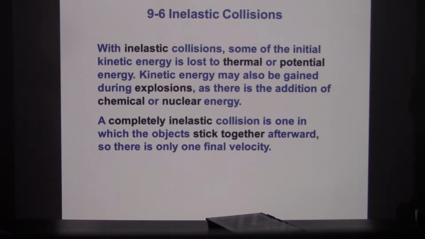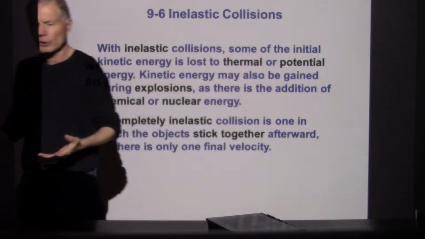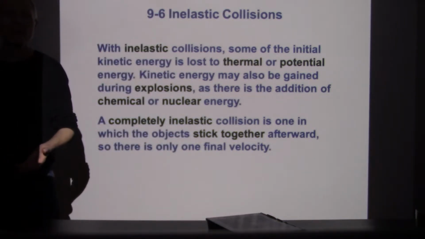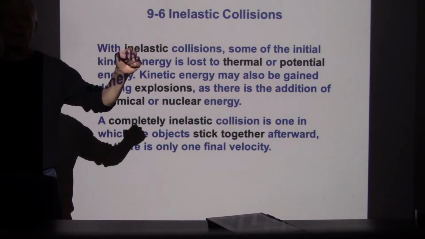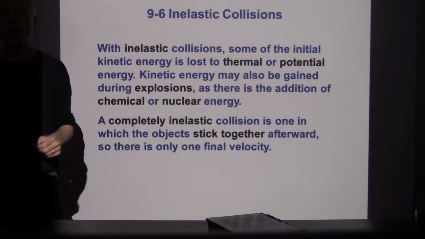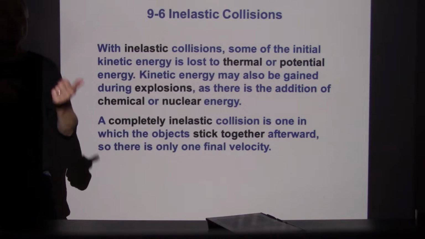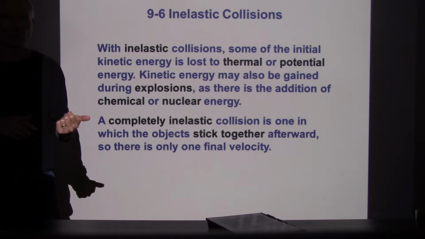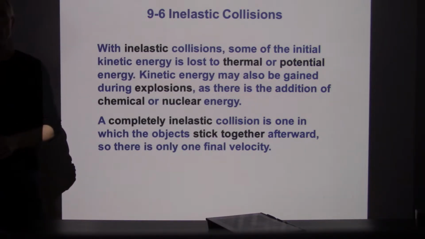So you can have an explosion where something is sitting at rest with no kinetic energy, but because of the release of chemical energy during whatever chemical reaction set that off, pieces are flying at really high speeds. So you've got a lot of kinetic energy after the explosion, whereas you didn't have any before.